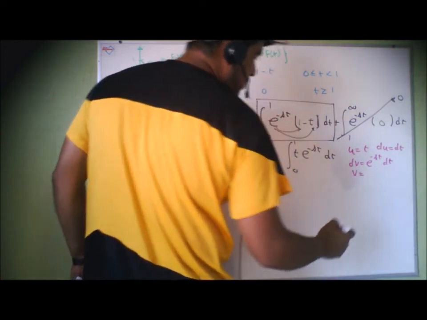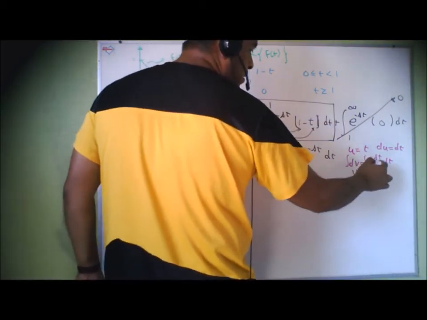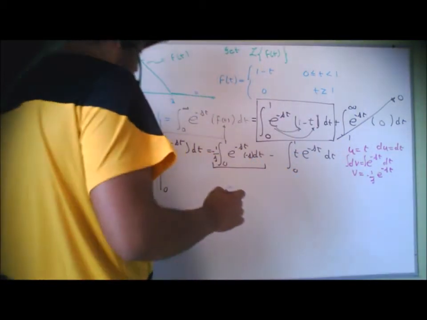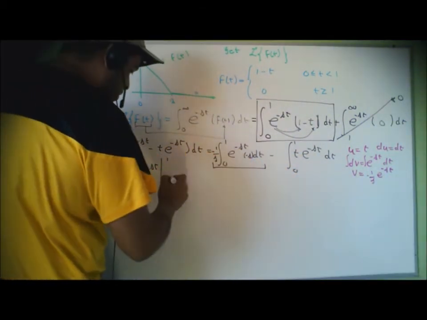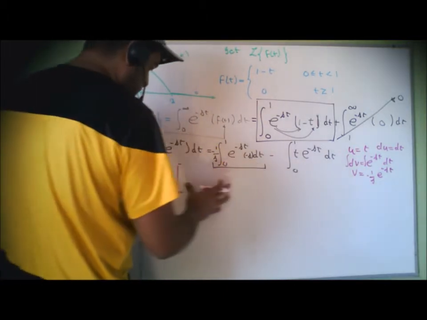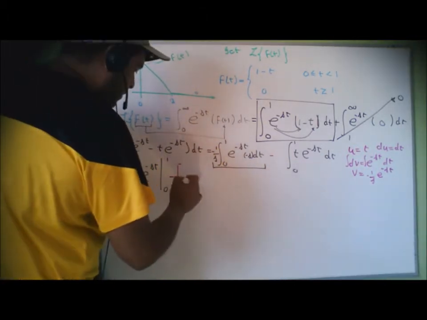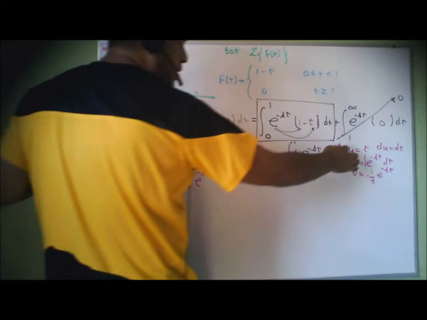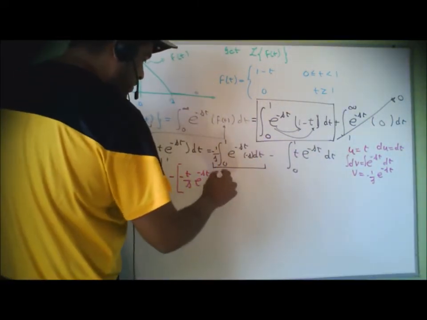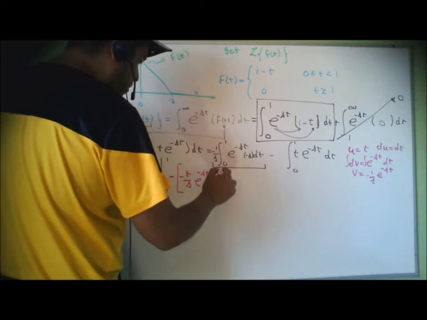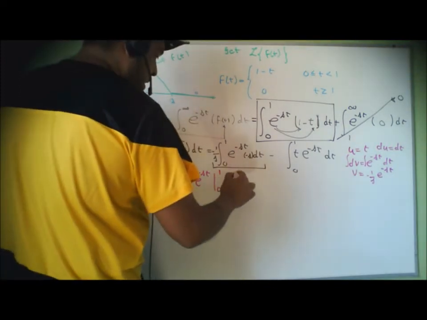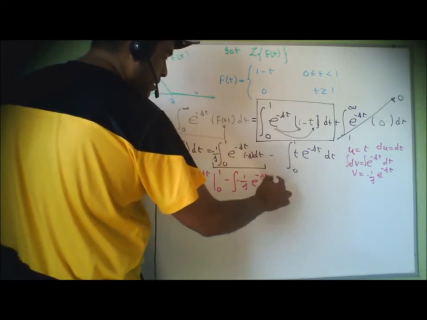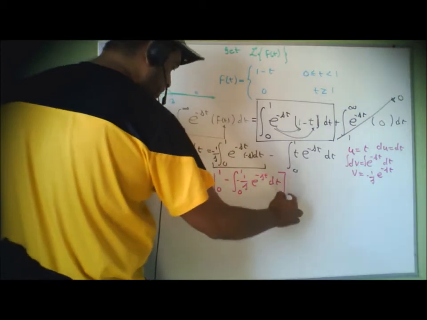That means v is equal to minus 1 over s e to the minus st. Applying integration by parts, it's going to be u times v, minus t over s e to the minus st from 0 to 1, and then minus the integral of v du, minus 1 over s e to the minus st dt from 0 to 1.